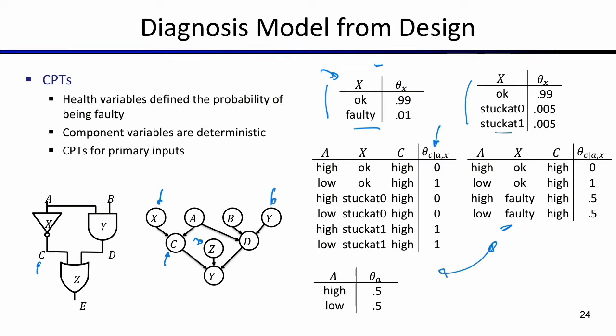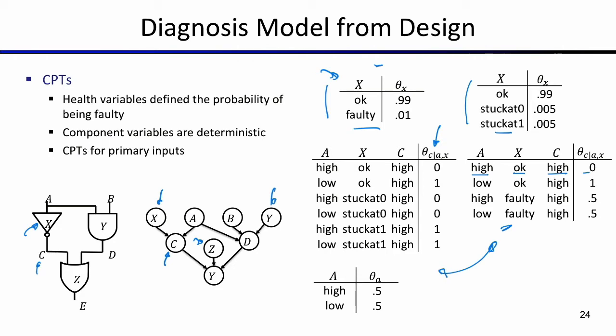You just have to figure out the remaining values, but it's going to be 1 minus the state that corresponds to C equal high. But we can look at how it works. Remember that X is an inverter gate, and C is going to be the negation of A. So if A is high, the gate X is working fine, and C is also high, it should not occur, so it has 0 probability.